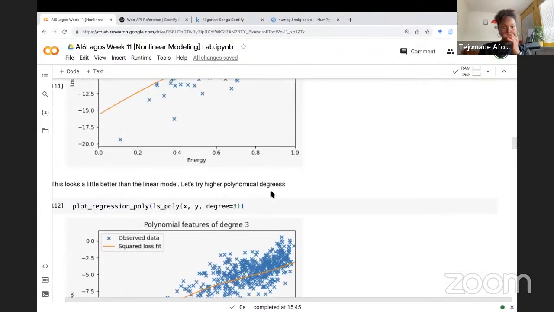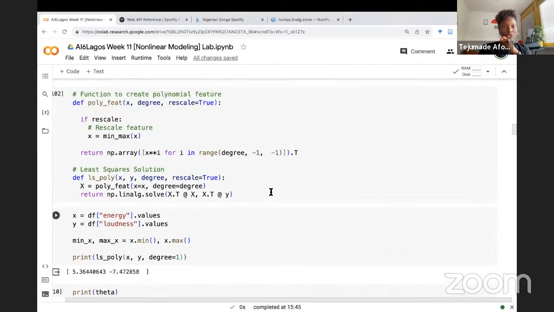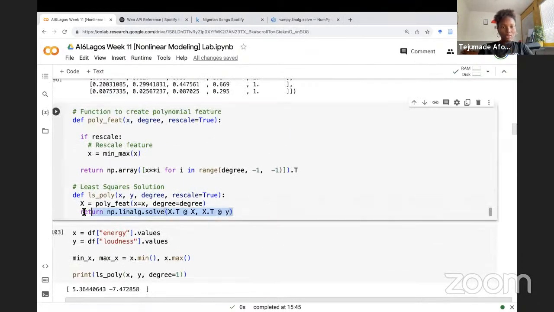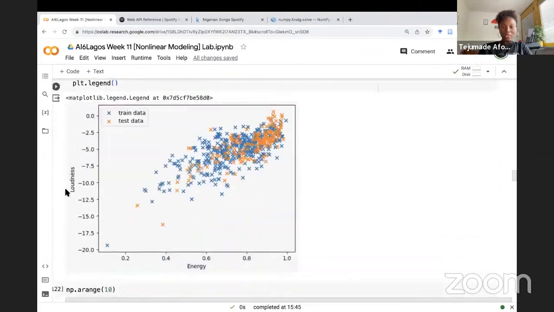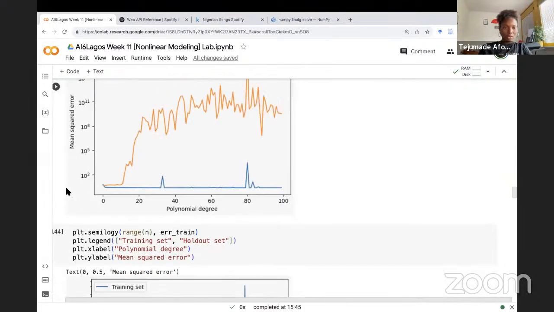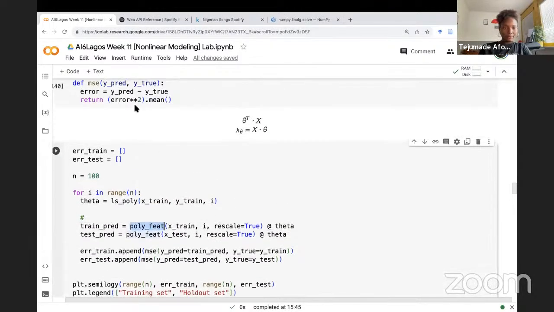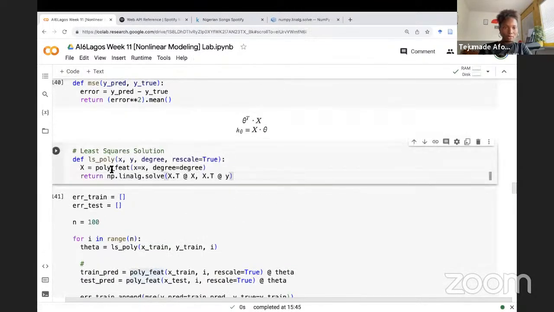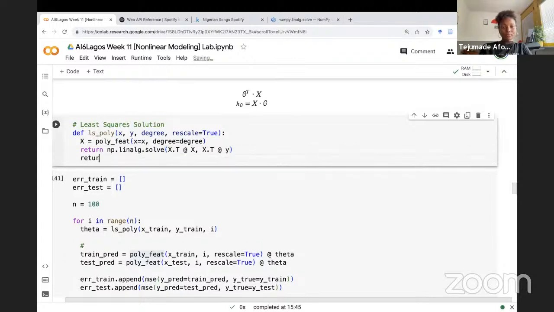But from my exploration so far, let me quickly copy this down to see if we can do that experiment together. I mean, this is a lab after all. So let's come here. We're using polyfit, right?